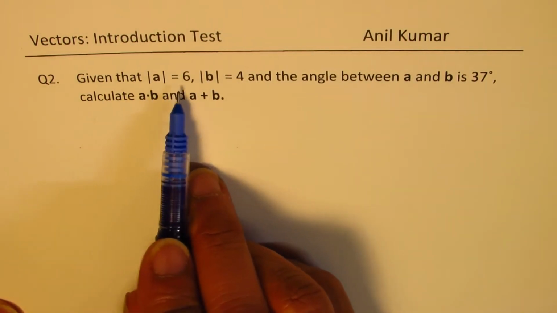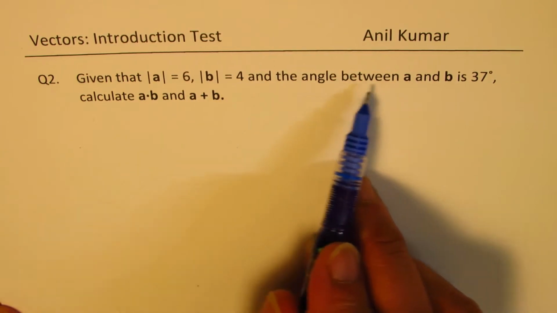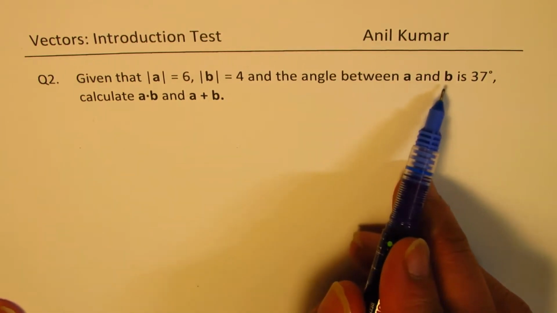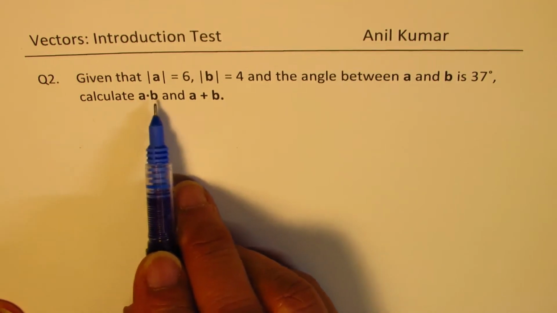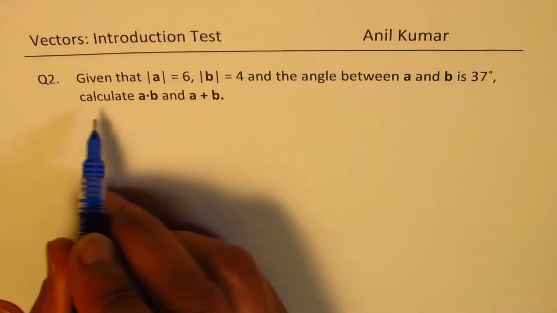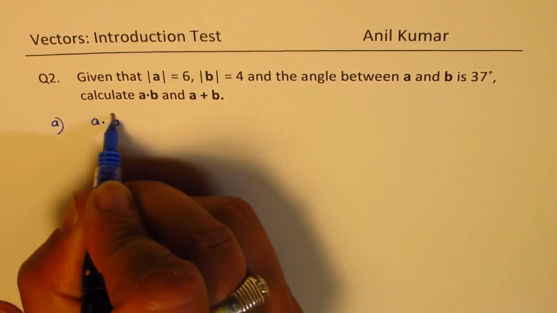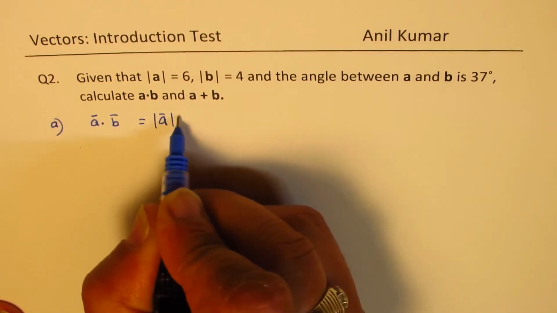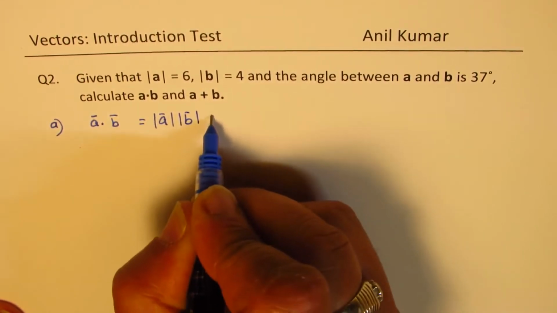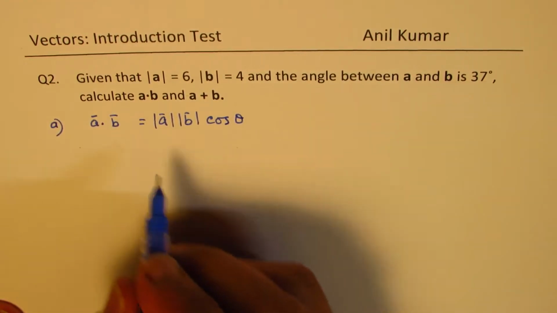Given that magnitude of A is 6 and magnitude of B is 4, and the angle between them, A and B, is 37 degrees. Calculate A dot B and A plus B. So there are two parts to this. So first let's do A dot B. So the dot product is magnitude of A times magnitude of B times cos of the angle between them. So angle is given to us.